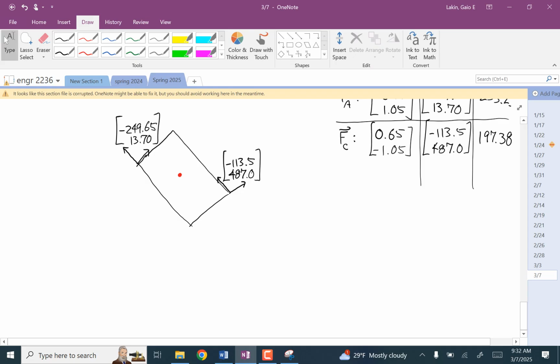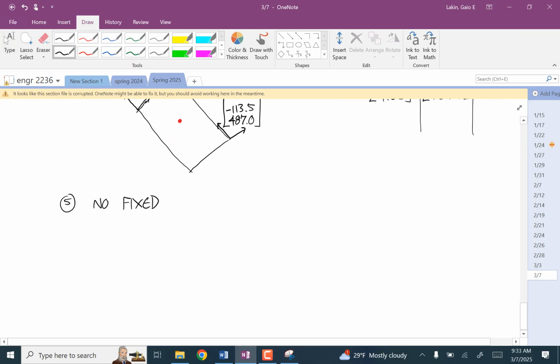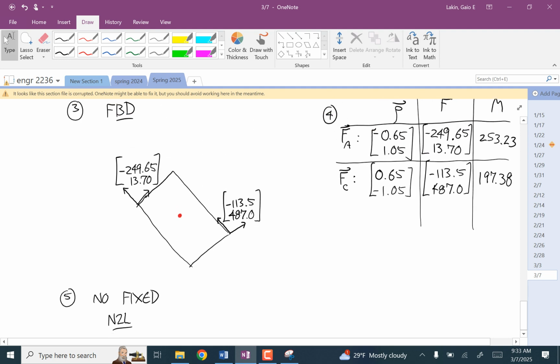Is there a fixed point in this for this problem? I mean, we already had to think about that in step 1. There's no fixed, and so that means we have to use Newton's second law. And so Newton's second law says add up these force vectors here.